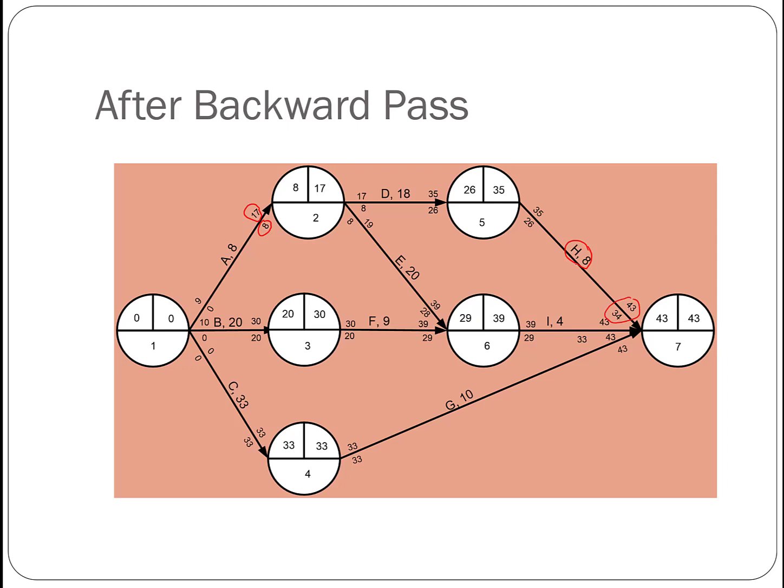Say if you delay this H for 9 days, then you cannot delay A or D for any extra time. Because A slack is 9, D slack is also 9, H slack also 9. Some people may think we can delay A for 9 days, D for 9 days, and H for another 9 days, which is wrong. The slack is on this entire path.